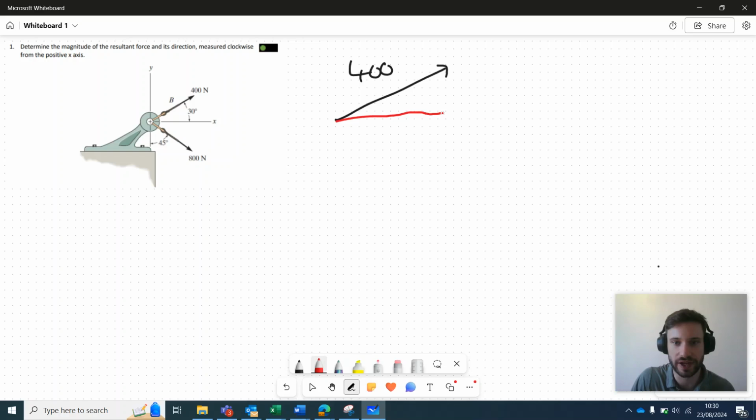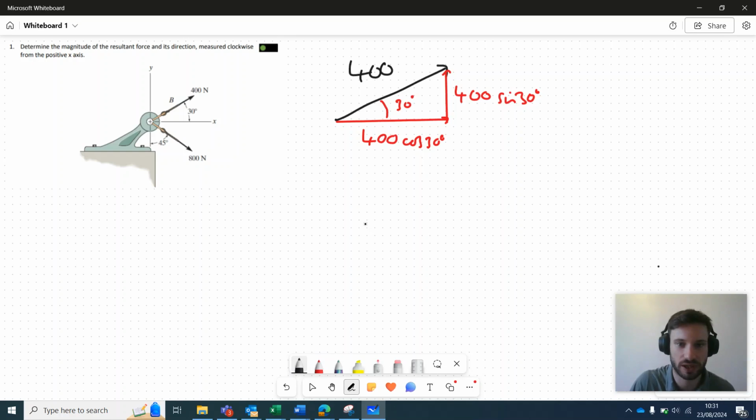We could say then that its horizontal component looks like this, and that its vertical component looks like this. Let's put the 30 degrees in there. The magnitude of its horizontal component we can describe as 400 cos 30, and its vertical component as 400 sine 30. If you're unfamiliar with what I'm doing here, I would suggest refreshing your understanding of vector quantities.